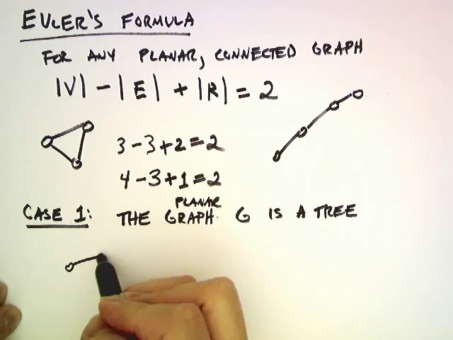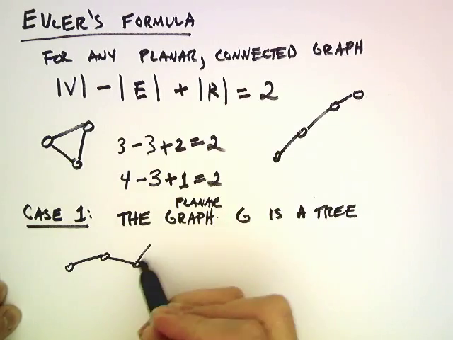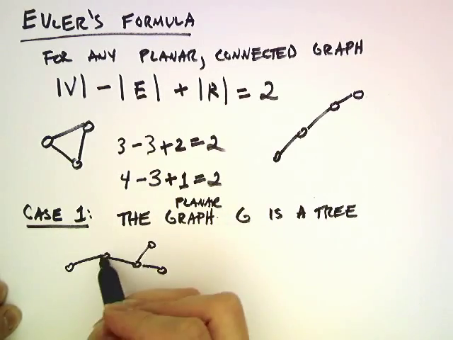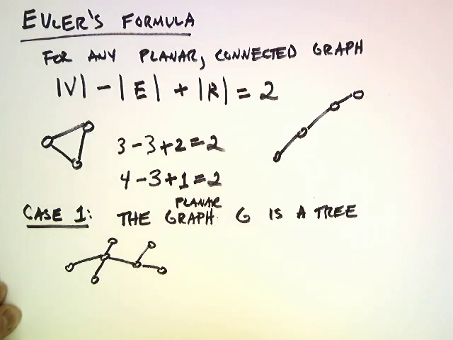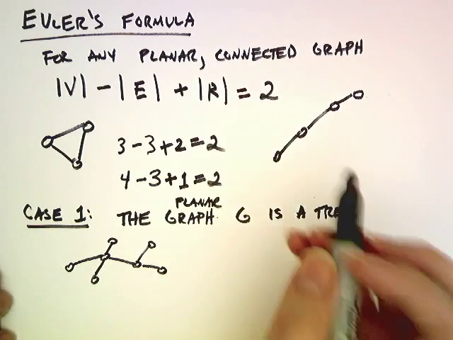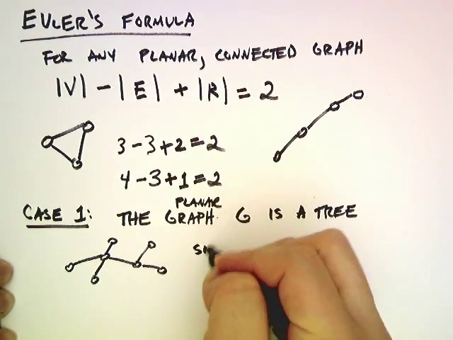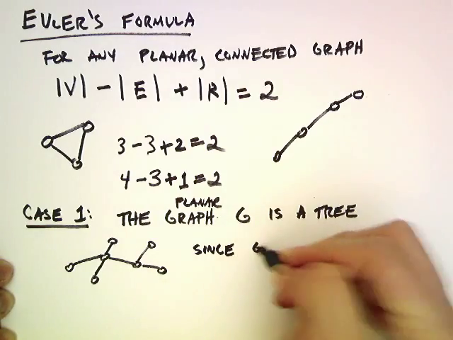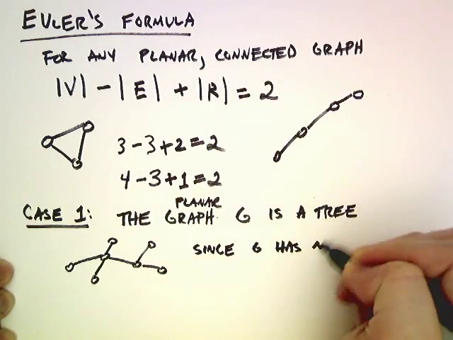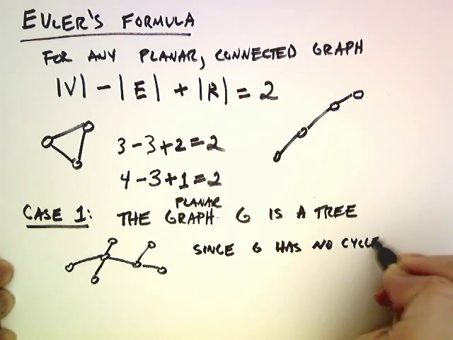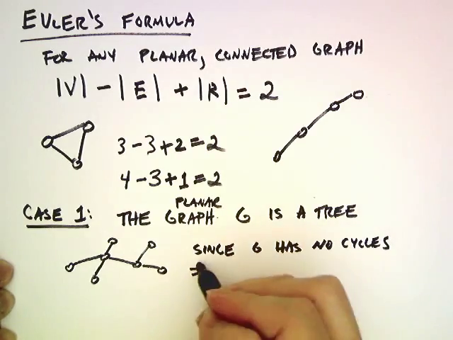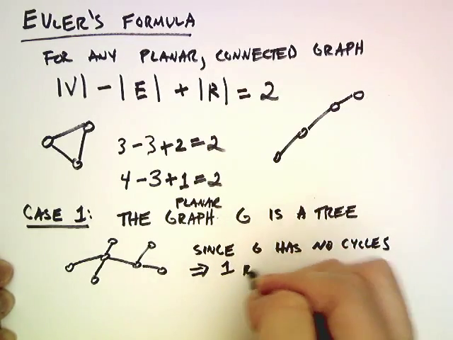So the graph looks something like this. But in any event, since the graph G is a tree, it means that there are no cycles in the graph. Since there are no cycles, it implies that there's only one region, the outer region.